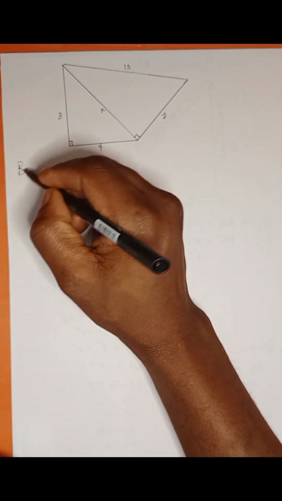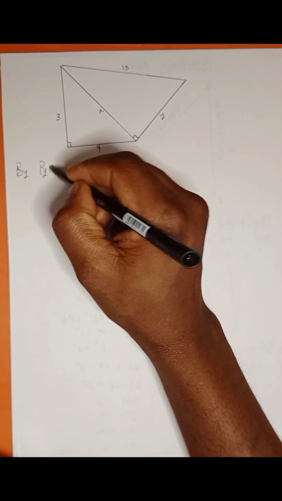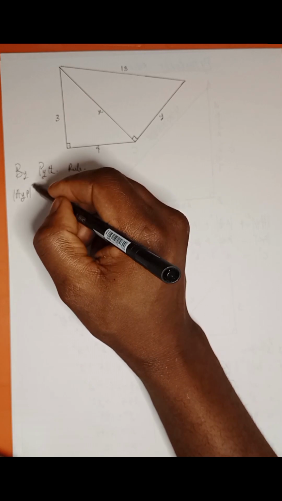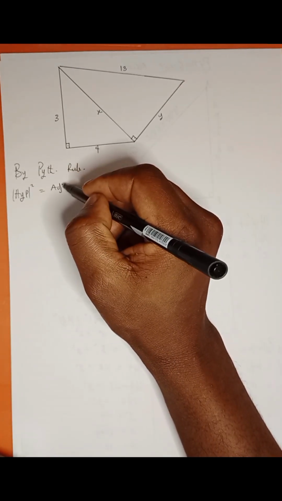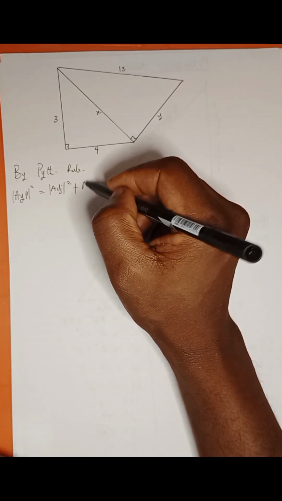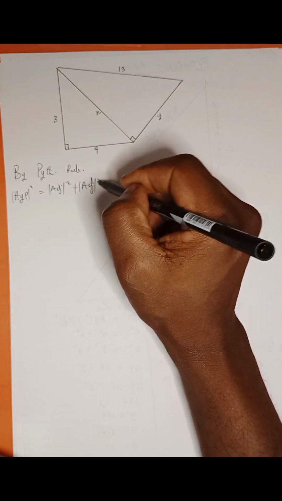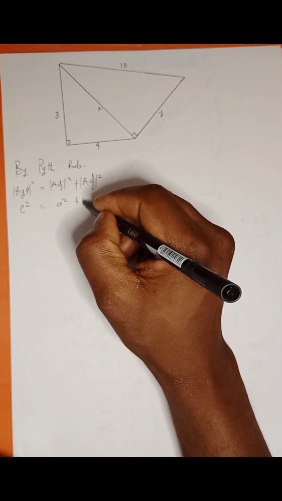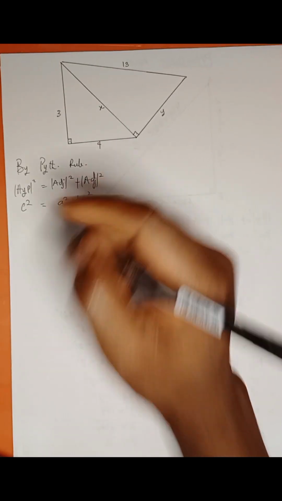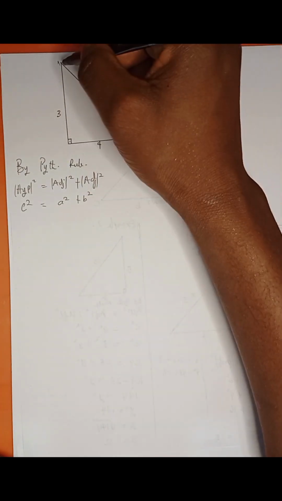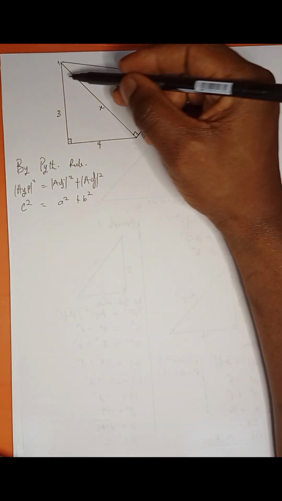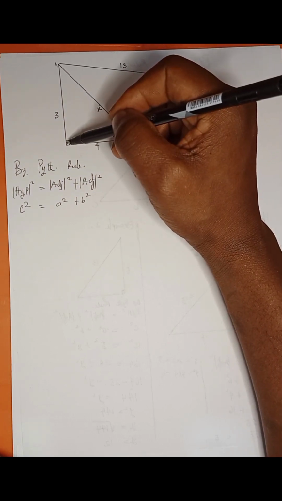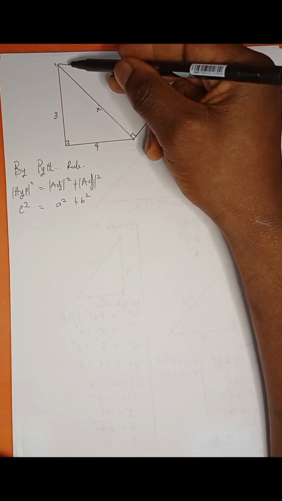So by Pythagoras rule, I know that the hypotenuse squared is equal to the sum of the squares of the adjacent sides, which is C squared is equal to A squared plus B squared. So in this triangle, my hypotenuse is this x because it is the side facing the right angle when we consider this triangle.